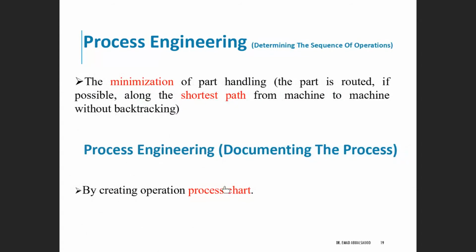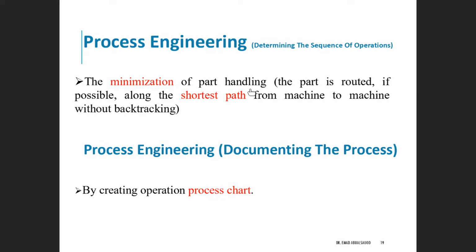For the last two steps, which is determining the sequence of operation, when you do the sequence, where you start and where you end, and the sub-steps that need to be done for the process, you have to consider the minimization of part handling, so you don't do movement. And why we don't do that? Because that will be a waste in your processing or your production time.